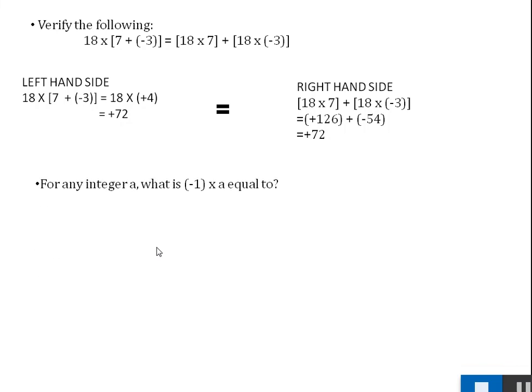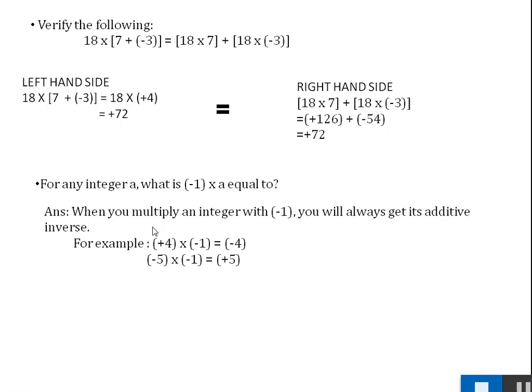Next question. For any integer a, what is negative 1 into a equal to? Here a is taken as an integer. Negative 1 into a. Answer. When you multiply an integer with negative 1, you will always get its additive inverse. I have explained what is additive inverse.